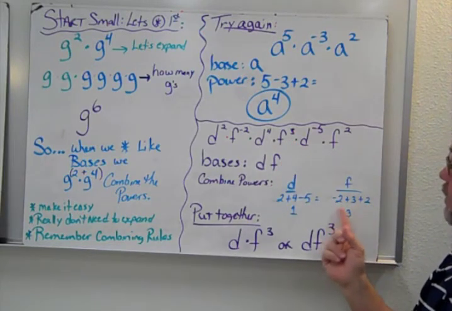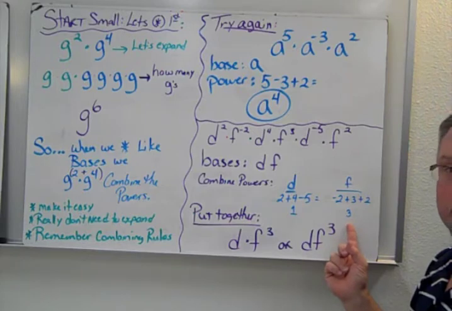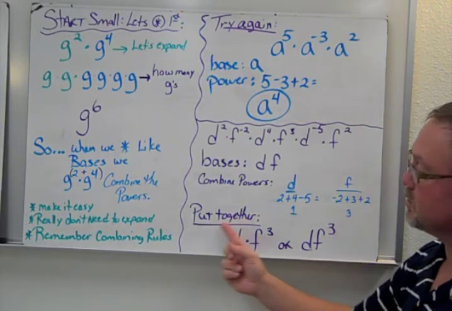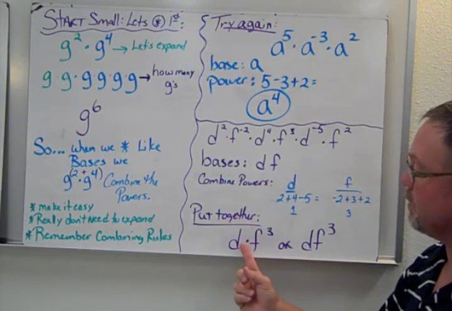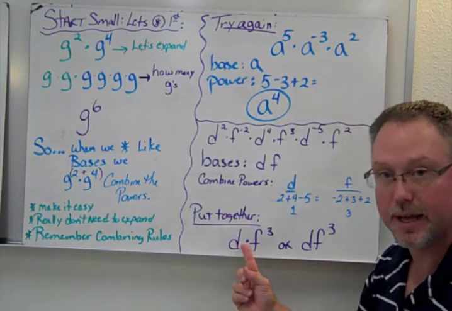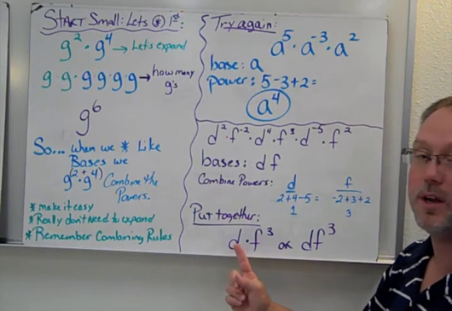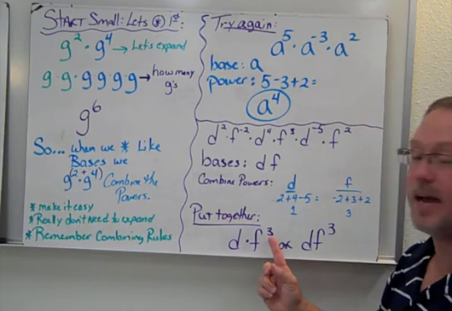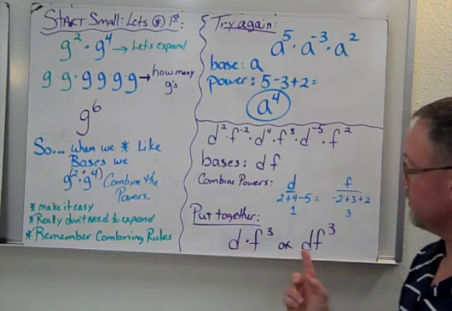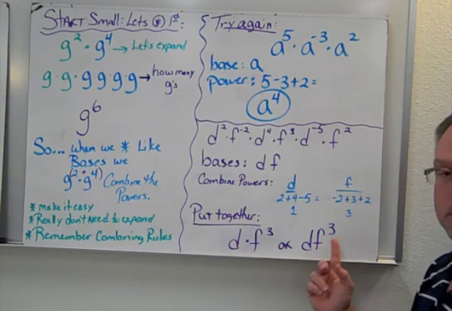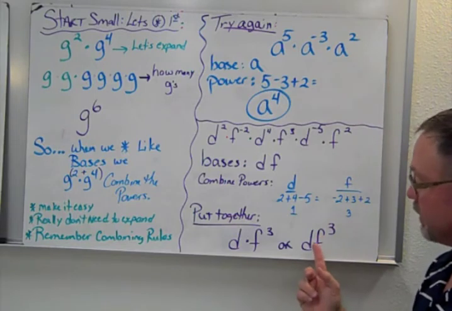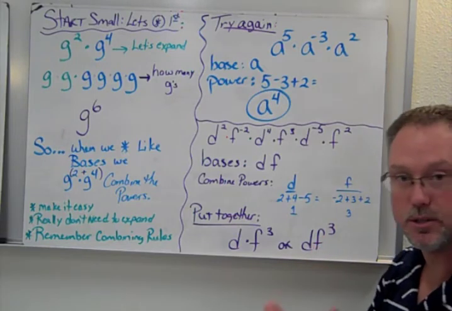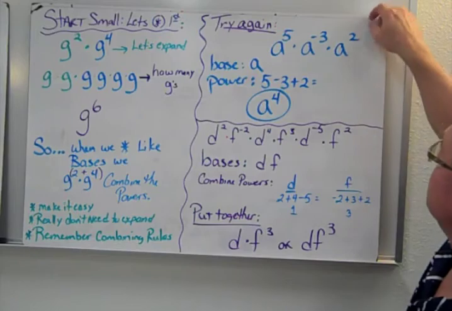So again, I'm going to combine those to get me positive 3. So I'm going to put this all together, which brings down my common bases, or like bases. I only have one d here, but I have 3 f's. So we can write it like this, or we can write it df cubed, because it's a multiplication problem, and letters next to each other mean multiplication.